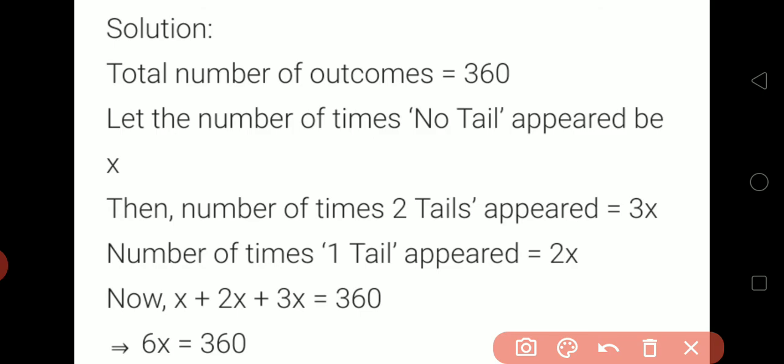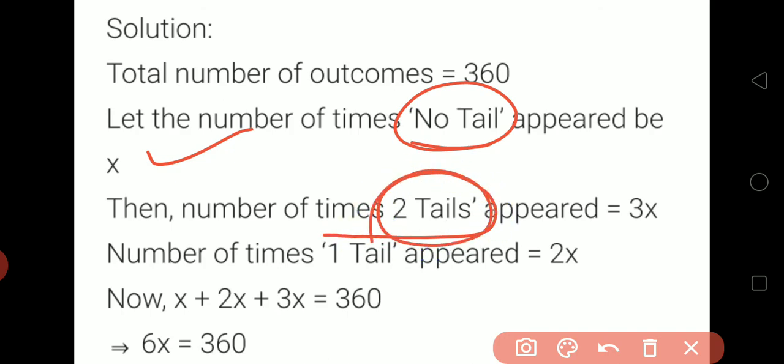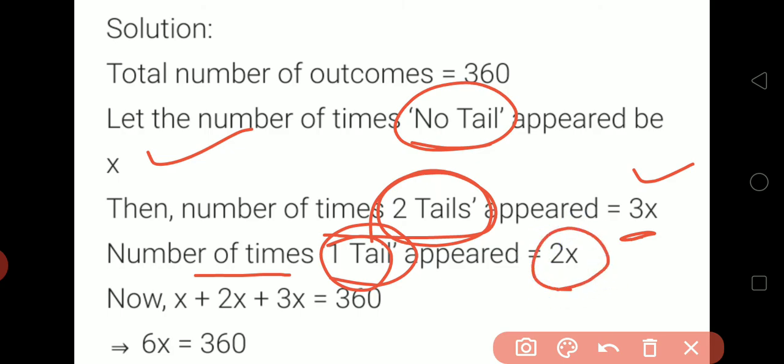So we can let the no tail case be x, you can use any variable. Then the number of times 2 tails appear is 3 times no tail, so we will write 3x here, and the number of times one tail appears is 2 times no tail, that is 2x.